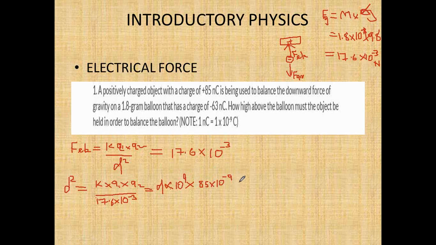And then you're going to multiply it by the charge on the other object, which is negative. You don't have to put the negative in. You know that negative and positive is going to attract. So that's 63 nanocoulomb, times 10 to the minus 9.